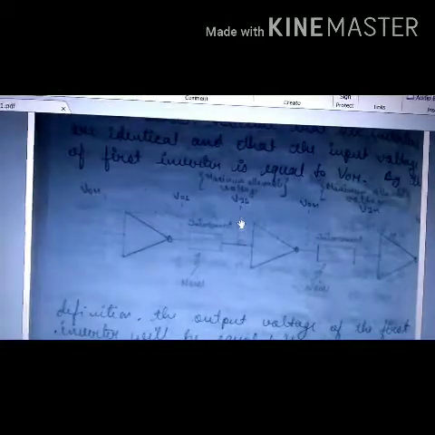We are showing here that the input is VIL. This input VIL can be either greater than or less than this voltage due to the impact of the noise. Because it is output low, the input should also be low, and it should be low enough to be considered as logic 0.